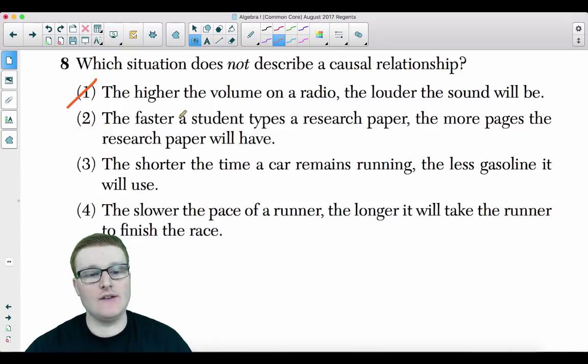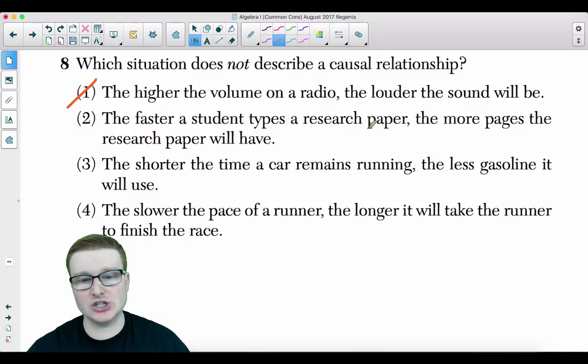Number 2, the faster a student types a research paper, the more pages the research paper will have. Okay, so if you type the paper faster, does that necessarily result in more pages?